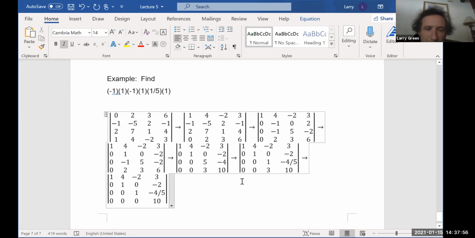And then if I multiply, it gets a little messy, but it's not so horrible. If I multiply -4/5 by -3, I get 12/5. Add that to 10, so that's 62/5, right?